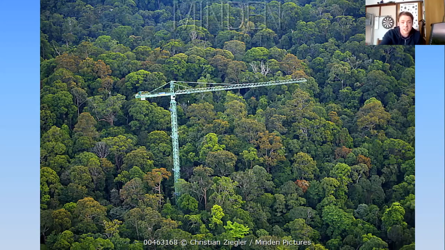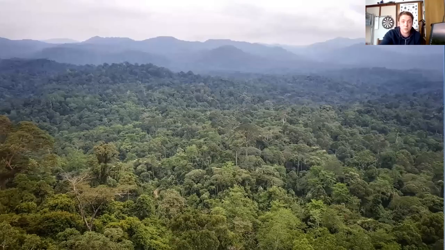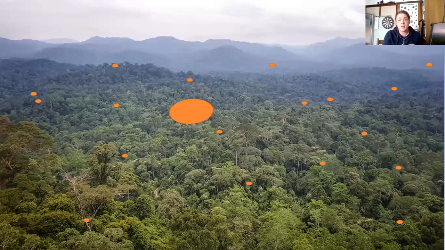So the question is, if you've got a forest canopy like this one, do you want to have one big plot with a crane in it, which is very, very finely detailed, and you're finding lots and lots of information out about it? Or would you prefer all of these different dots dotted around the landscape, where actually you can learn probably a lot less about the individual spot because it's going to be a single tree, but you can get many, many more sites.